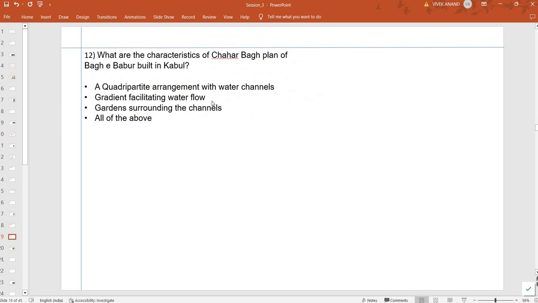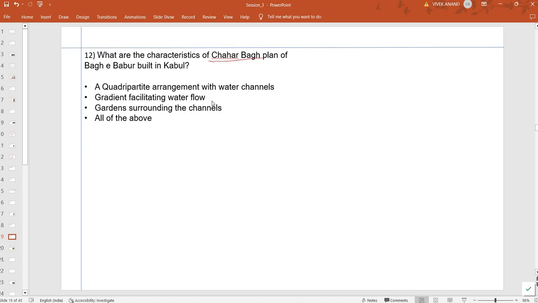What are the characteristics of the Chahar Bagh plan of Bagh-e-Babur built in Kabul? Here I have already explained what is Chahar Bagh. So what should be the answer? Quadripartite arrangement with water channels, gradient facilitating water flow, gardens surrounding the channels, and all of the above. So why all of the above? Because all of the above are present in the Char Bagh plan of Bagh-e-Babur. The gradient facilitating water flow is also there, and the gardens surrounding.